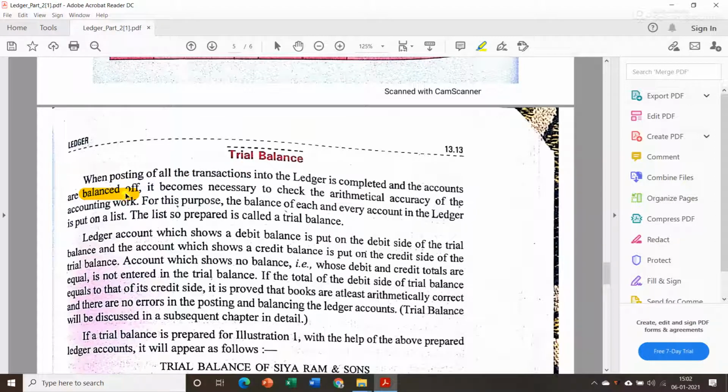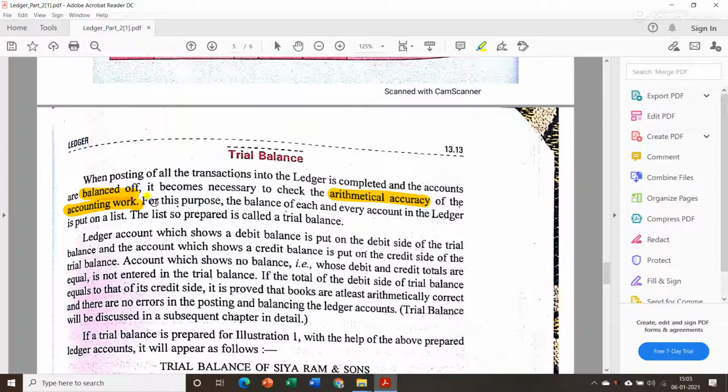Now after we have balanced off all the accounts, it becomes necessary to check the arithmetical accuracy of the accounting work. After balancing off, we can't simply look roughly at the ledger accounts and say whether what we have done is right or wrong.